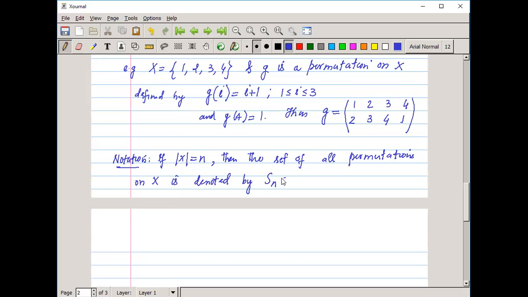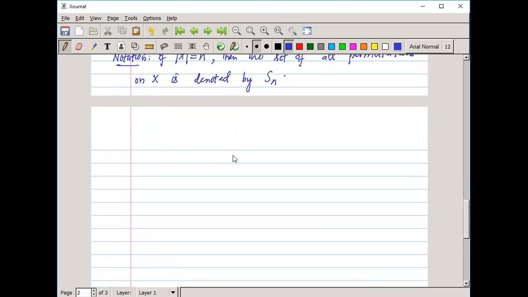So that means Sn is the set of all permutations on the set X. Now, as we have already seen, the order of this Sn is actually n factorial, where n is the number of elements on which these permutations have been defined.